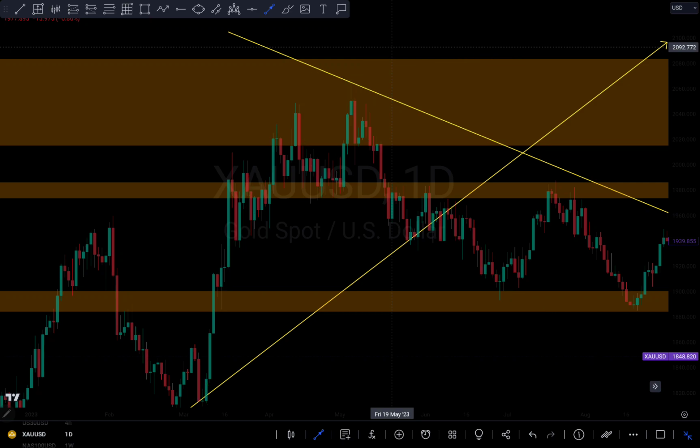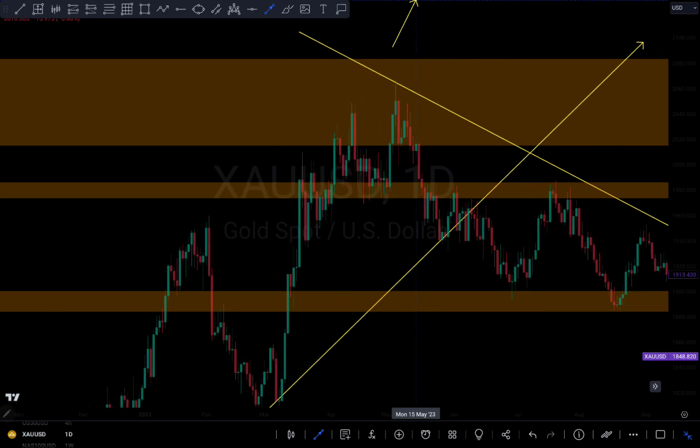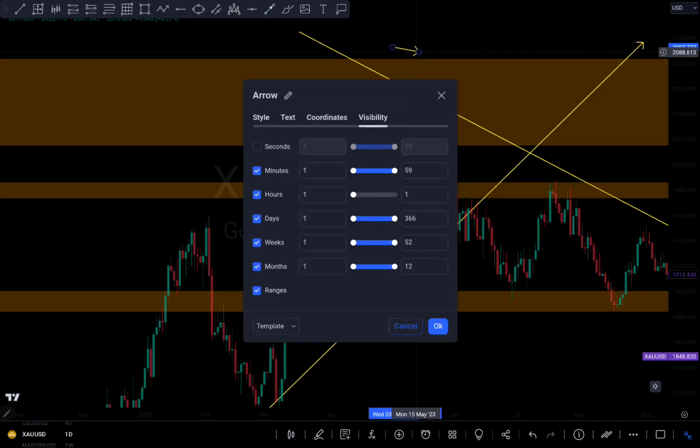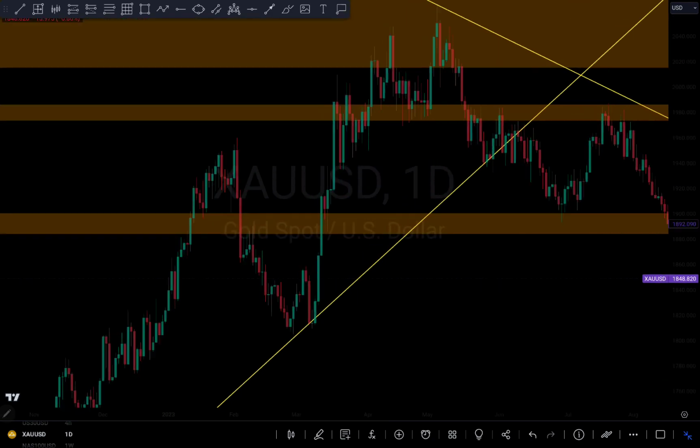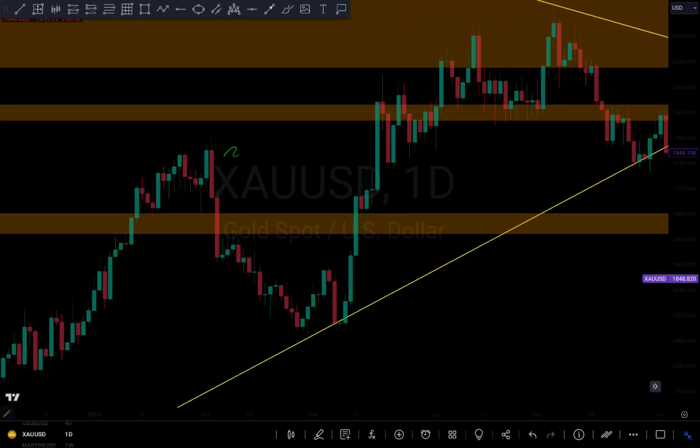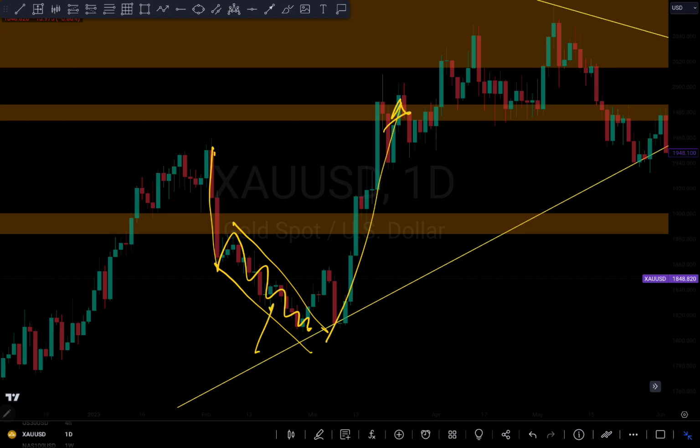So now, to show you that the pattern actually works and you can actually see the patterns in the real chart, I've seen a descending channel here. So look at the descending channel here. An impulse, a correction of this sort, and what happened? Zoom to the upside. So this right here is a descending pattern.